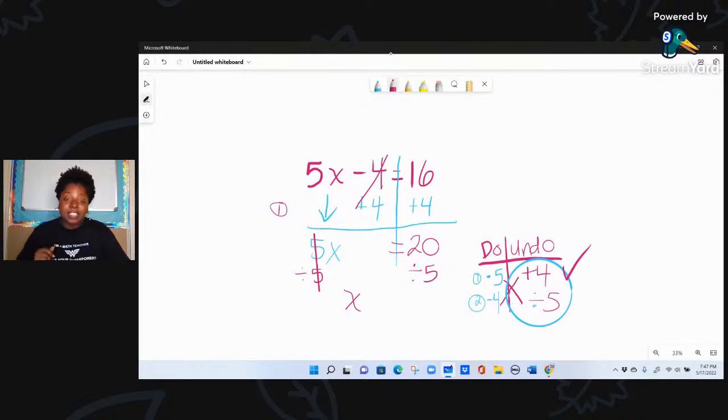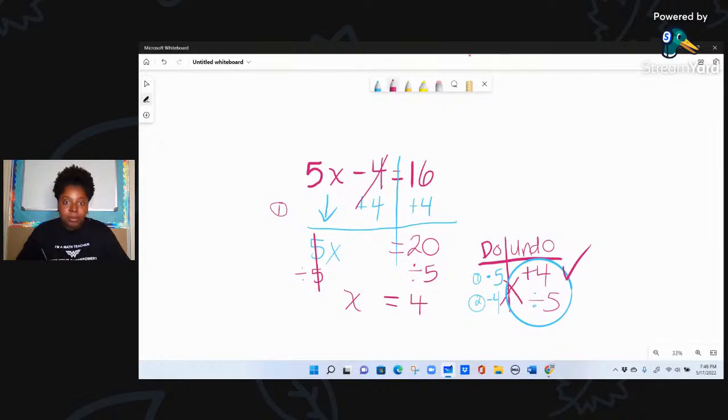Now I'm left with x, which is what I wanted all along. So to get rid of this minus and this times, I have to do the opposite operations. And now I have x by itself. Yay! And 20 divided by 5 is 4.